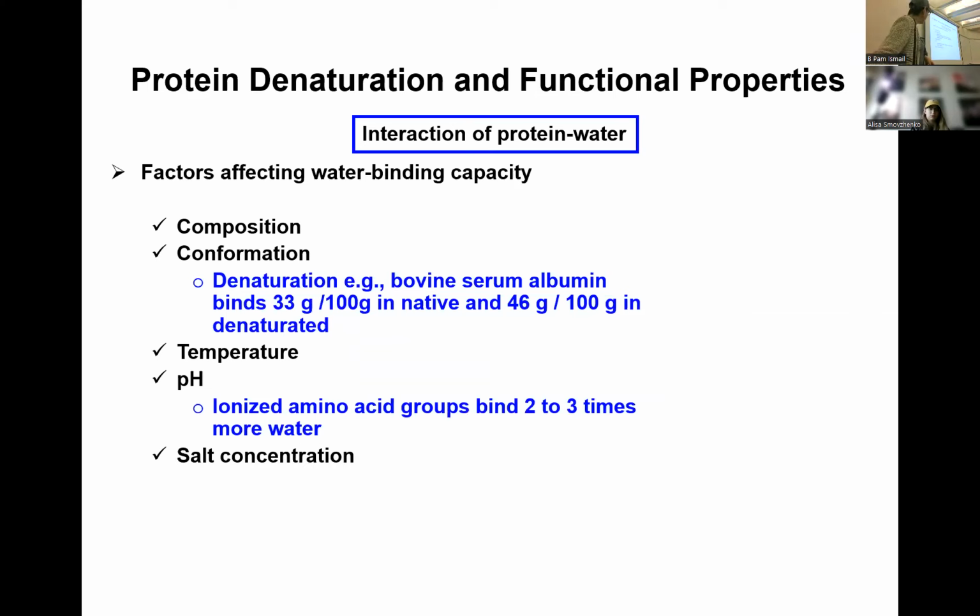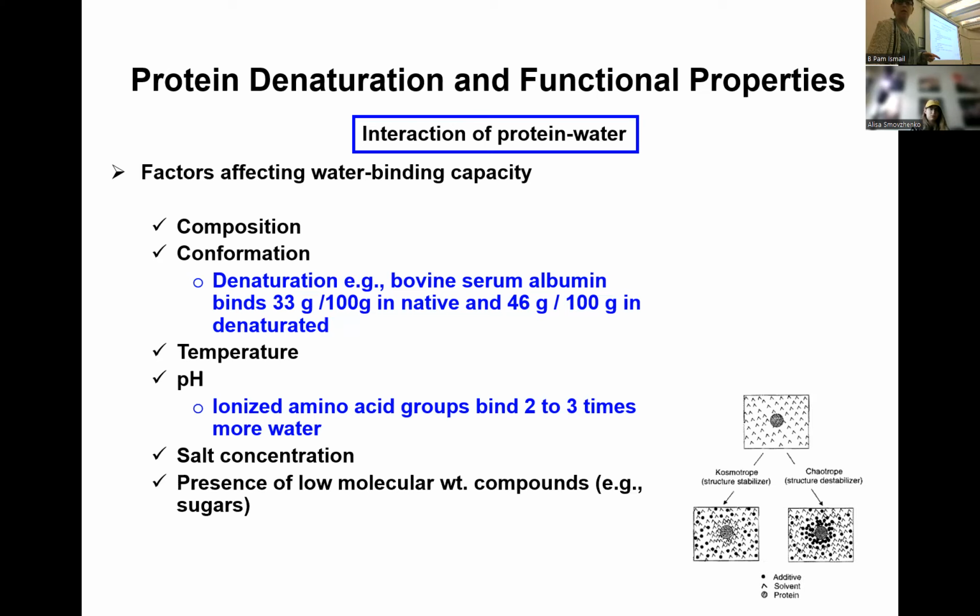Salt concentration: you want to remember the salting in, salting out. With salting in, a little bit of salt adds a charge load on the protein and can enhance protein-water interaction. A lot of salt can cause the opposite. And the presence of low molecular weight compounds, so sometimes sugar, acts as enhancing protein-water interactions. You remember what I showed last time in the fourth lecture, this figure that differentiates between cosmotrope and chaotrope.